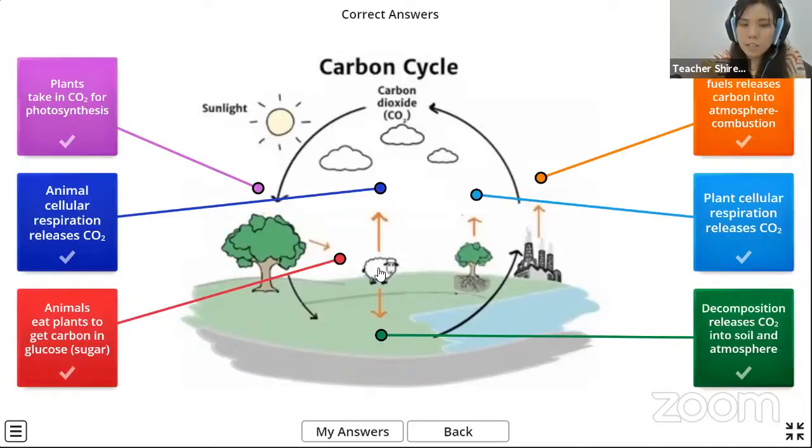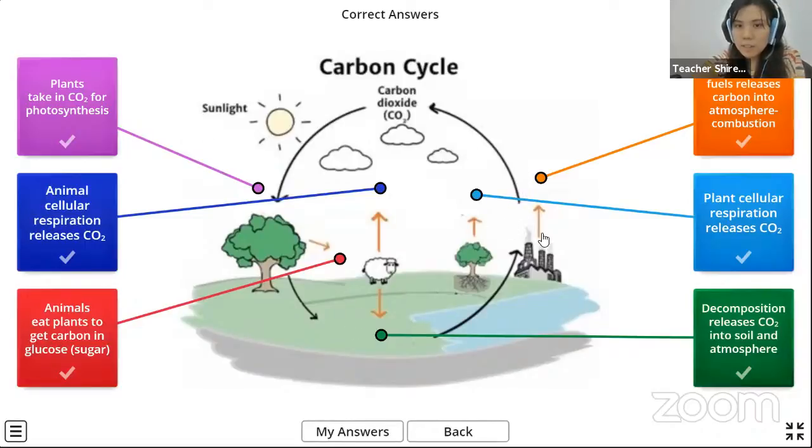Either it decomposes or it survives, then it breathes in the oxygen and releases carbon dioxide through respiration. So here is the respiration release. Okay, so this is done.